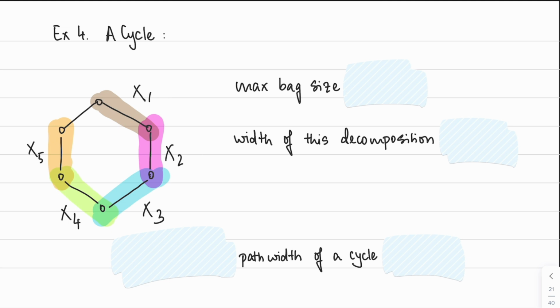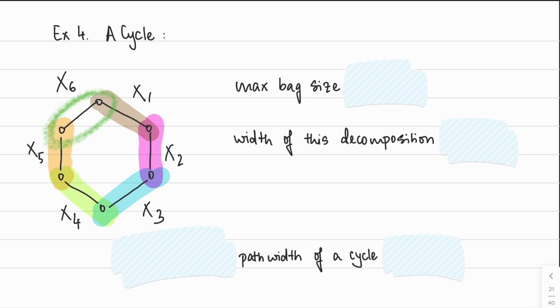And I cannot say that here is a new bag and let's call that x6. I mean, you can, it would fix conditions A and B, you will get vertex and edge coverage, but what's the problem?